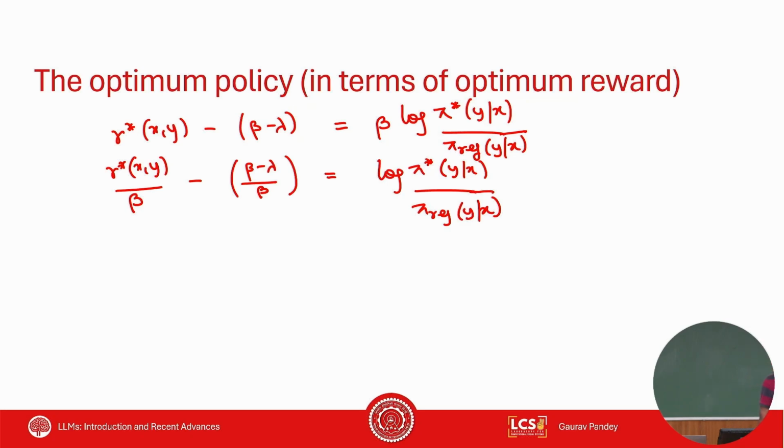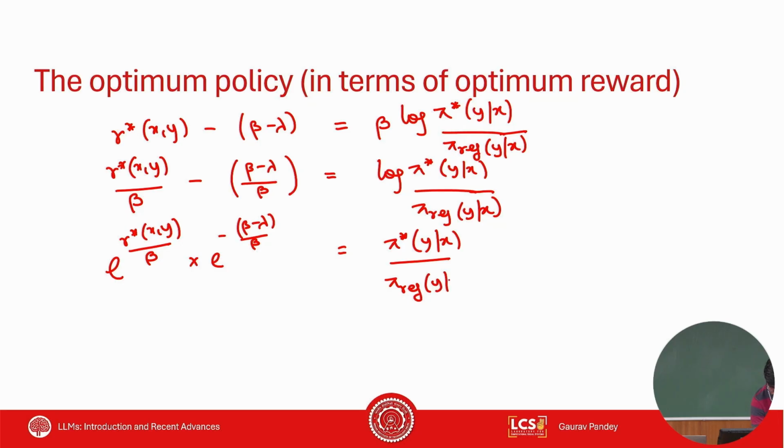And exponentiate both the sides. You'll get e to the power r star x comma y by beta, times e to the power minus (beta minus lambda) by beta, equal to pi star by pi ref. And now let's write pi star in terms of everything else.